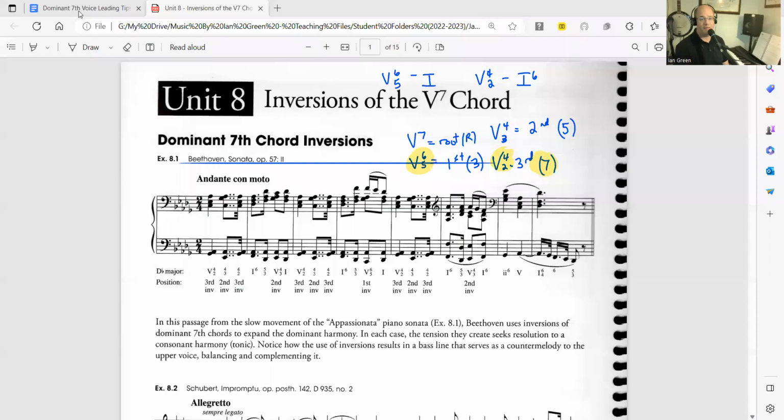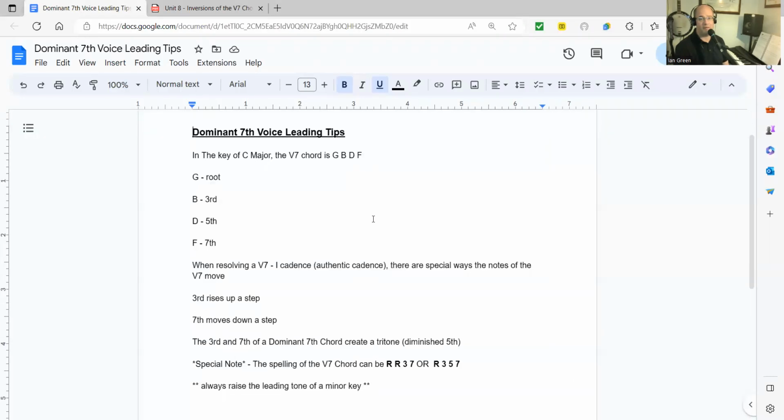Now I'm going to be sharing my screen for a brief moment to outline a couple of ideas related to the dominant seventh chord and some tips on the resolution of each of the specific notes. And then also, when speaking about the inversions, I'll talk a little bit in general about some good technical skill to remember when handling this particular chord.